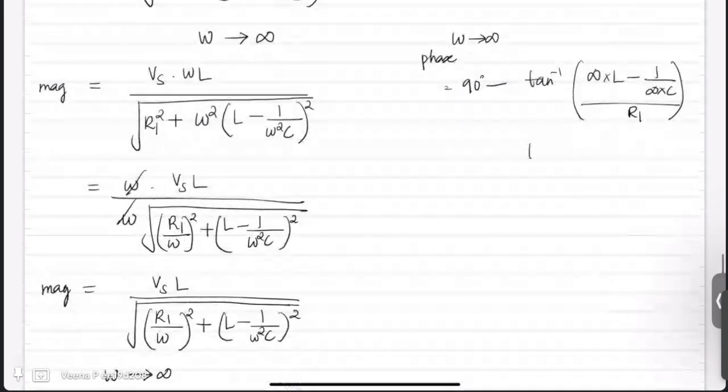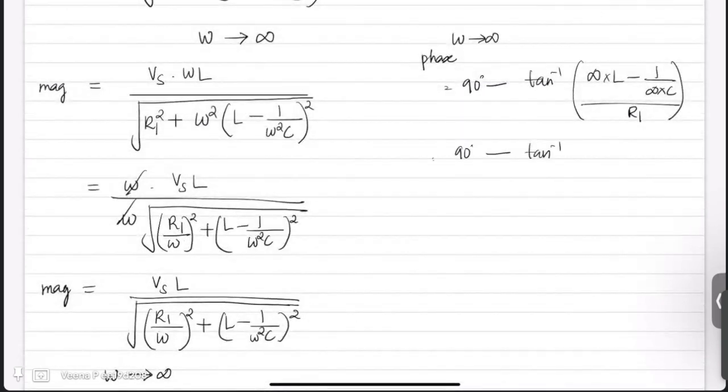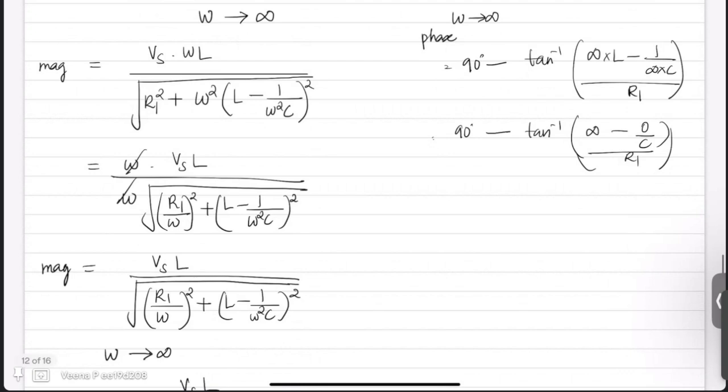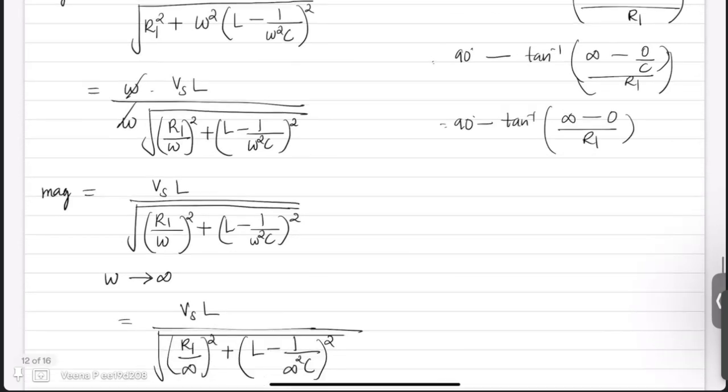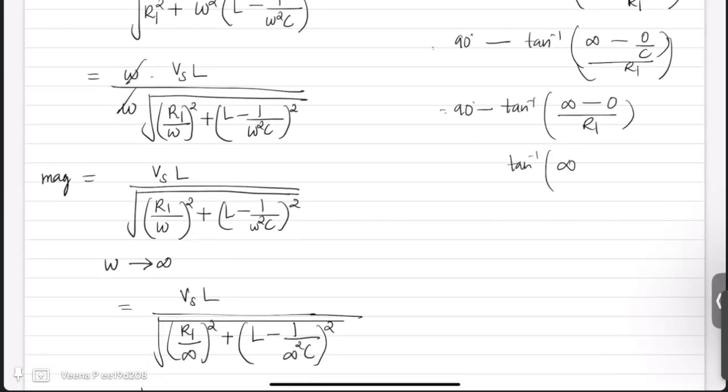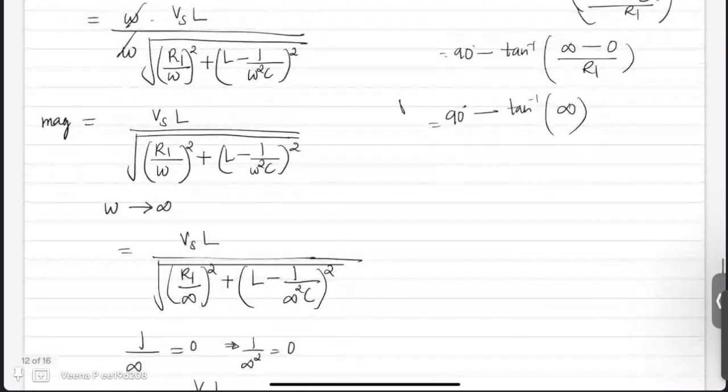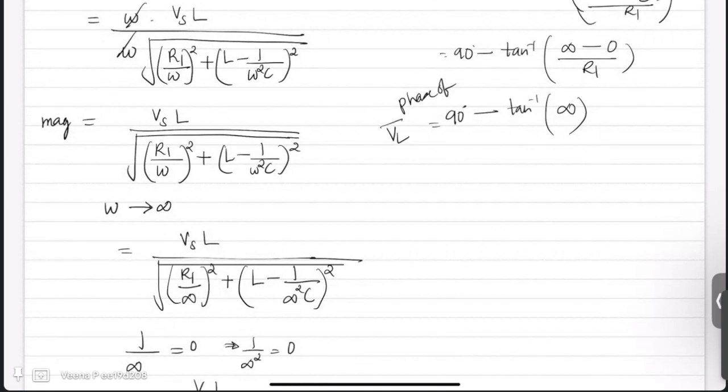Infinity times L is infinity, 1 by infinity is 0, so 0 by C. So this is 90 degree minus tan inverse of (infinity minus 0 by C, which is again infinity) by R1. Infinity by R1 is again infinity. So this is your phase of voltage across the inductor at omega tending to infinity.